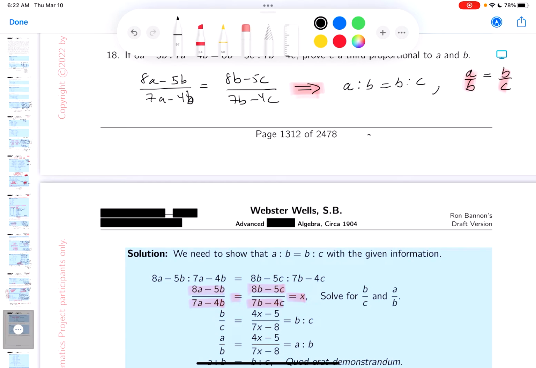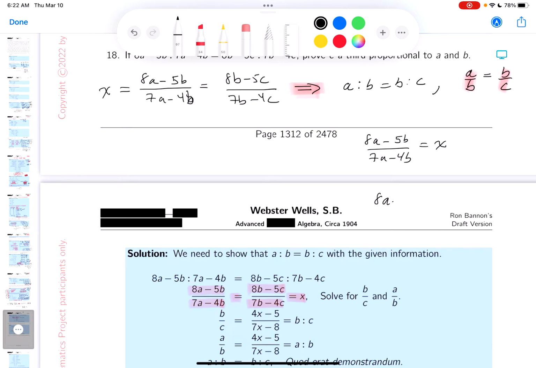So I'm going to write down (8a minus 5b) over (7a minus 4b). And I claim this is equal to x. By the way, they're both equal to x. But my goal over here is I want to get the ratio. What ratio could you probably aim for there? Probably a over b. All right? So let me see if I could do that. I'm going to go slow with you.